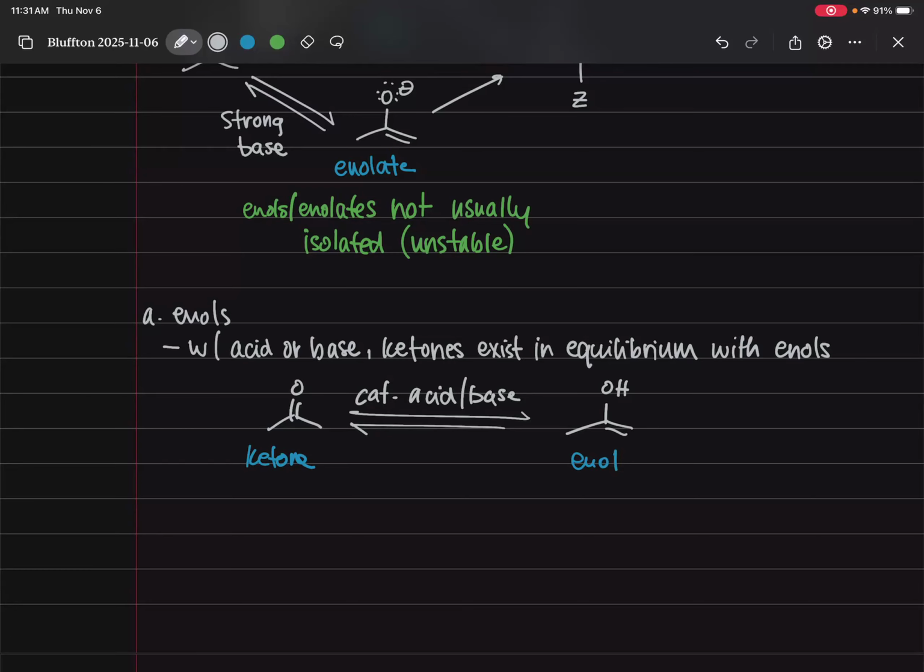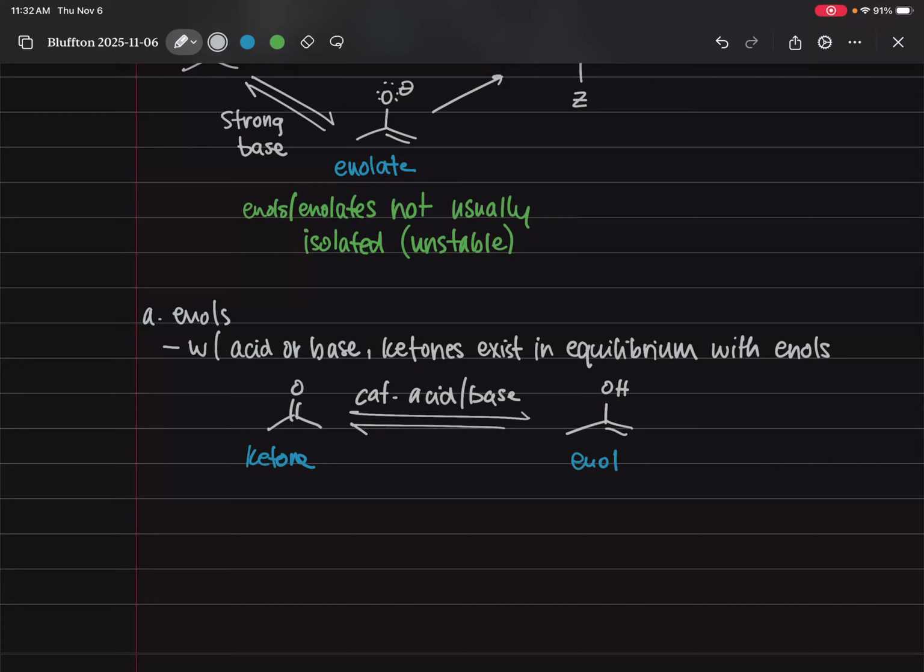Now, you might be tempted to say that these are resonance structures of each other. Why is that not true? Well, it is true that resonance structures are different ways of describing the same molecule, and these are different molecules. But the main thing is we've moved atoms around. There's now a hydrogen on the oxygen.